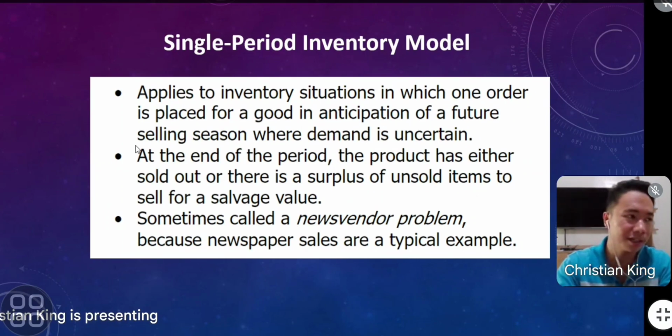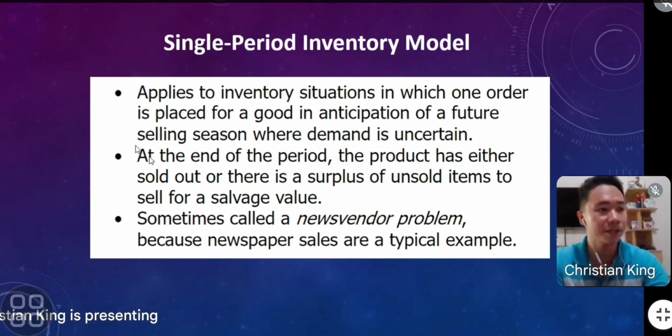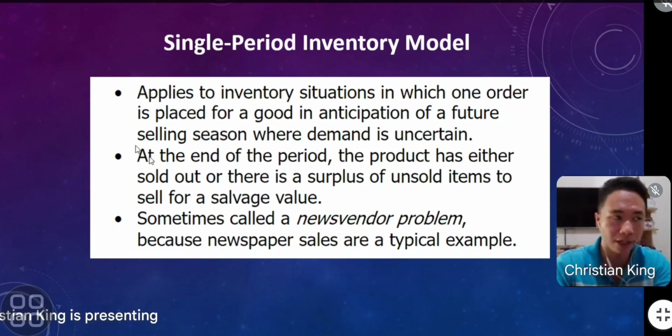So you have a ready value where the sales are much faster and bigger. And second, if there is a surplus of unsold items because of low demand, you can sell it for a salvage value or a low price.